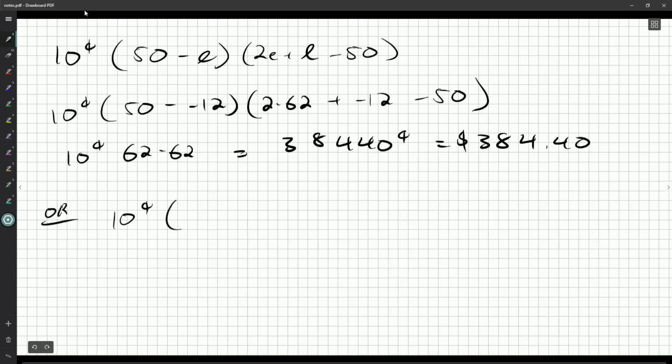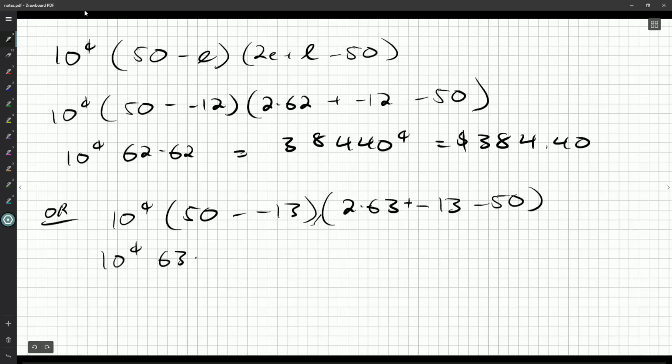Or we get 10 cents, 50 minus negative 13, which is going to be E. And L minus 50 is negative E, so this would also be E. Lino's... Yeah, he makes 10 cents E squared, I guess. Cool. Plus minus 13 minus 50.